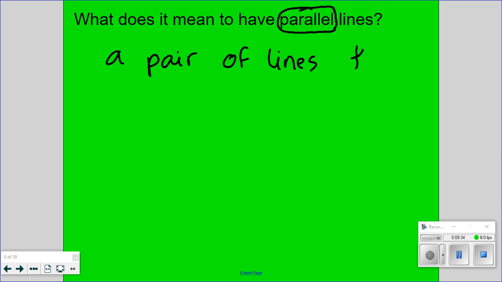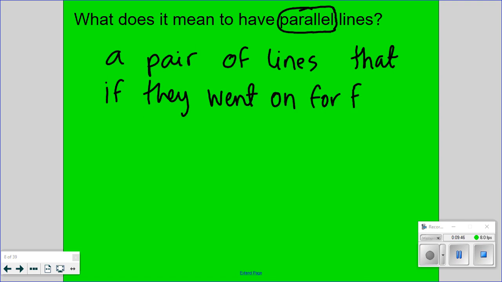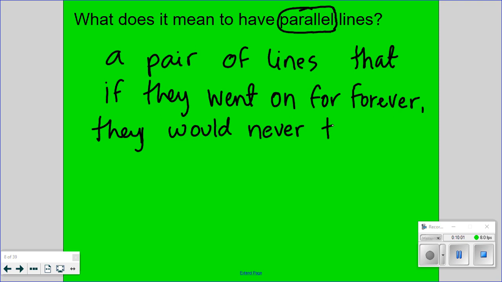that, if they went on forever, they would never touch.